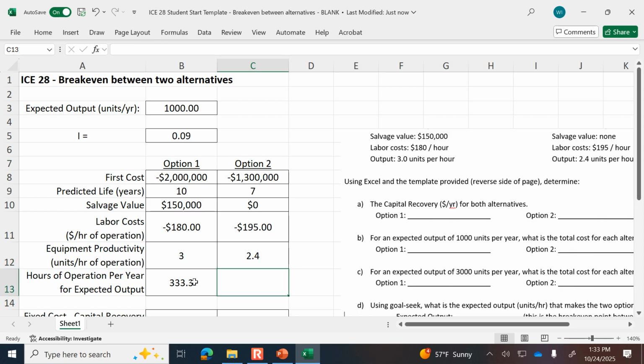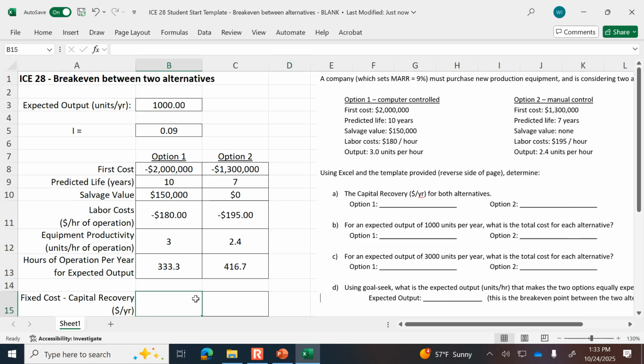Whereas option 2, when you're only going at 2.4 units per hour, is going to take more time, 416.7 hours of operation. So that's really the first thing, just knowing how to use this equipment productivity factor that's provided. Please feel free to interject if you have any questions.